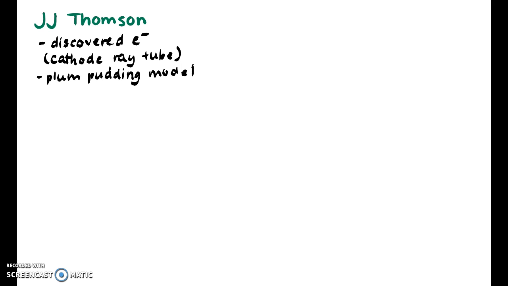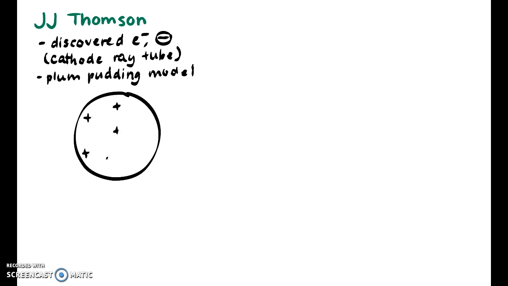And in the process of discovering the electron, he also knew that electrons have a negative charge. So in his plum pudding model, he imagined a large spherically charged ball, sort of like the batter.